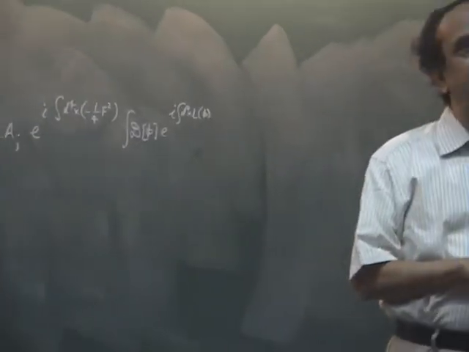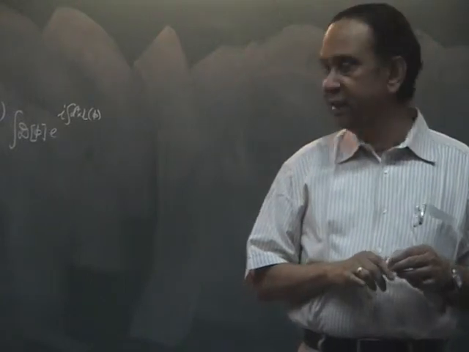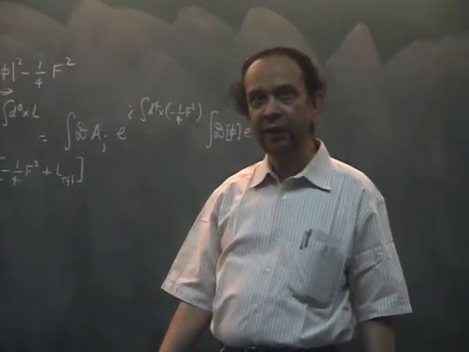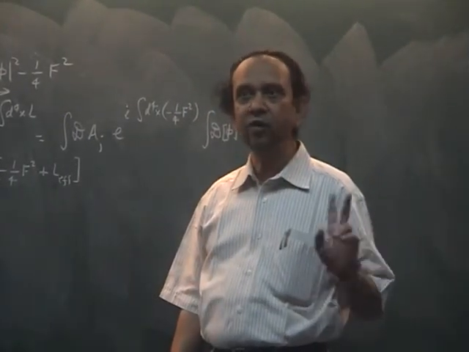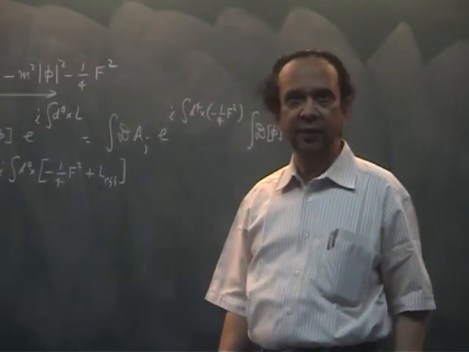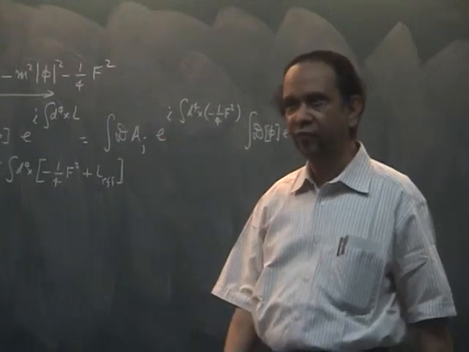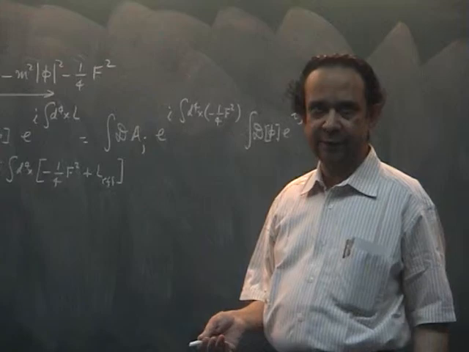This tells you that since this F squared is essentially built out of electric and magnetic fields, this L effective can only depend on two quantities, E squared minus B squared and E dot B. These are the only two gauge invariant, Lorentz invariant combinations you can get from F squared. Okay? But it can be powers of that, etc., etc.